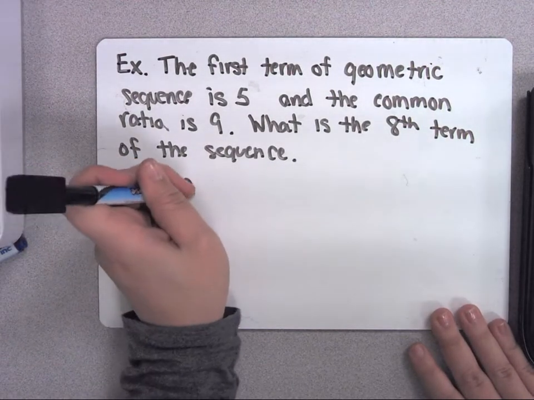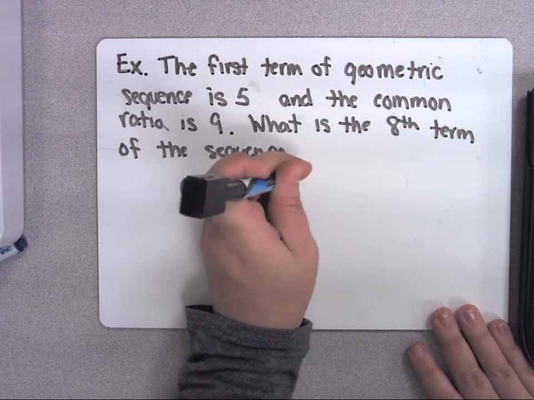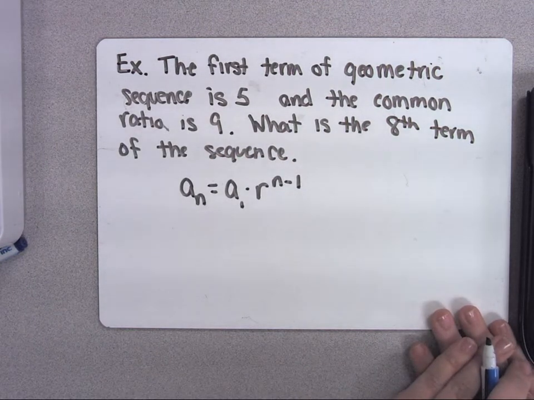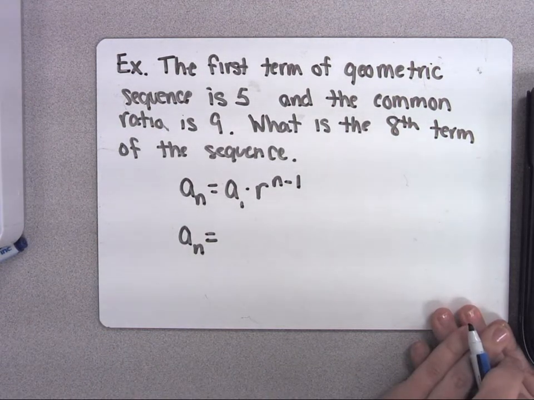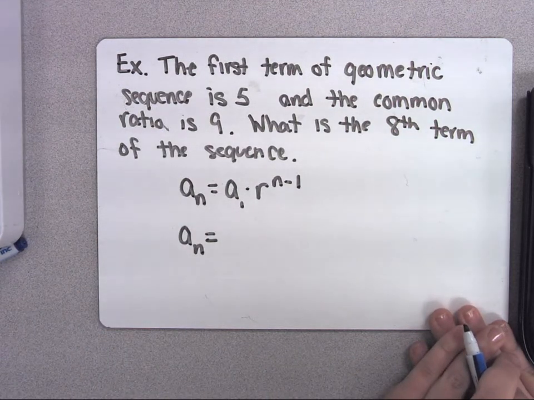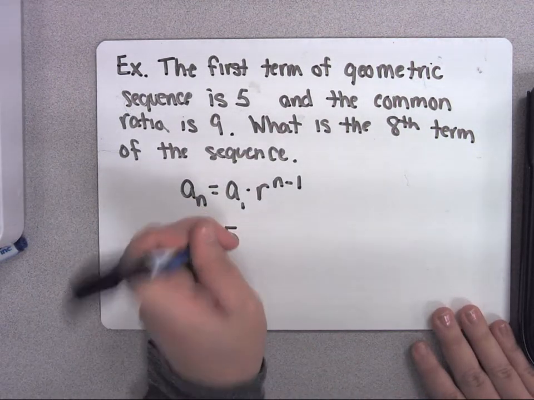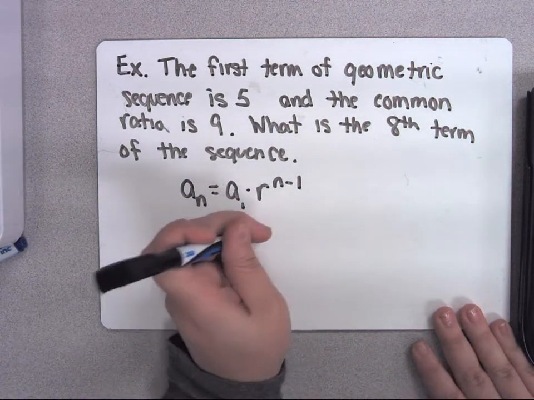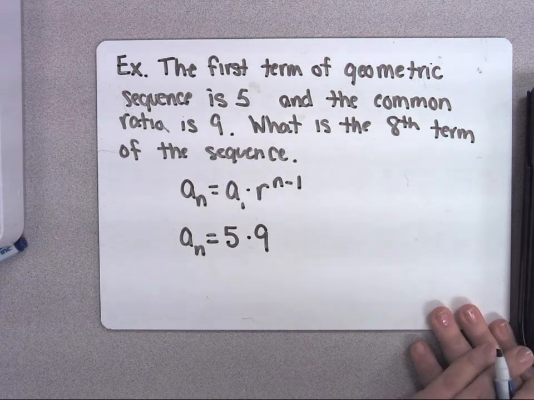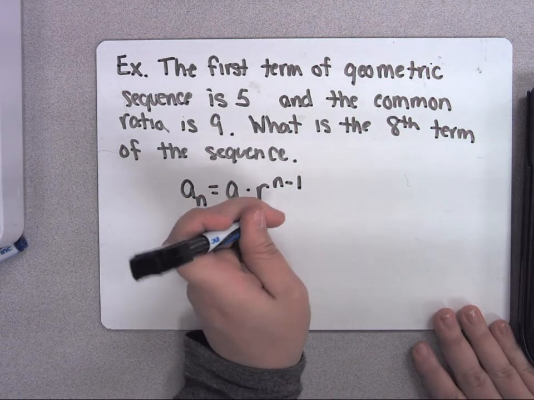So, thinking of this formula, can we plug in where? A sub n stays there. What are we going to plug in for a sub 1? 5, so 5 goes in front, times. What's our r? 9. What's our n value? 8, so n minus 1 is 7.